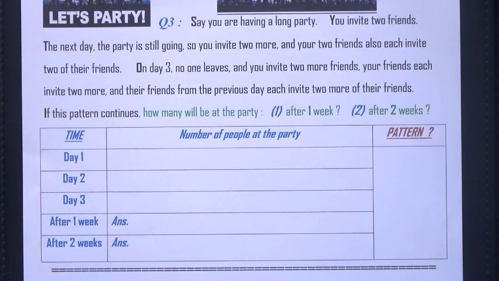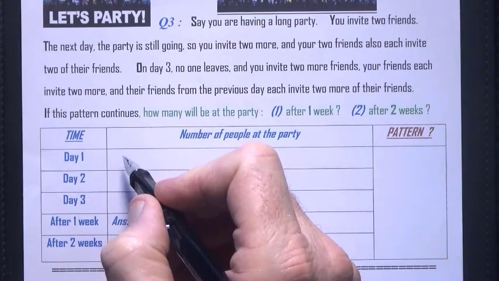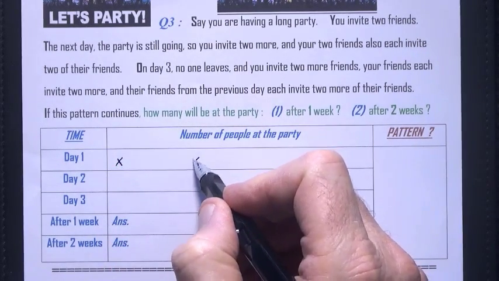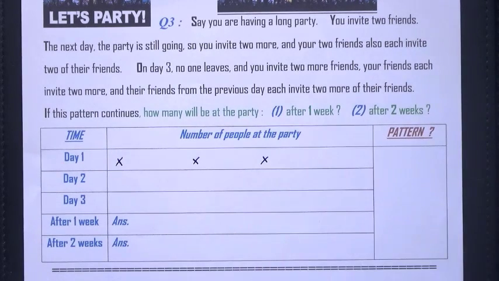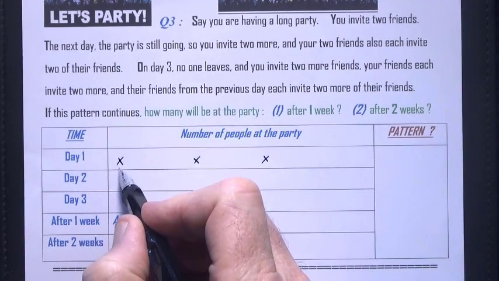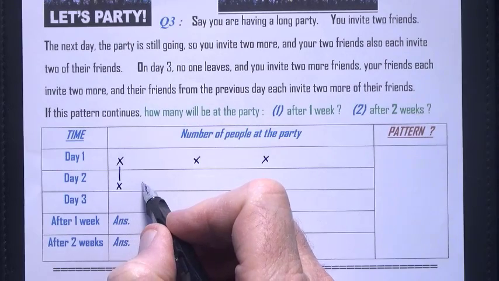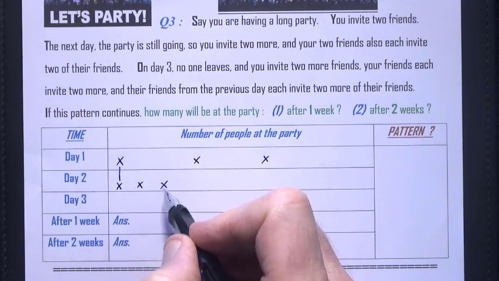Well, if we have a table, we can pretty well work out what's going on. So on day 1, there is you, and you invite 2 friends. On day 2, you continue at the party, and you invite 2 more friends.